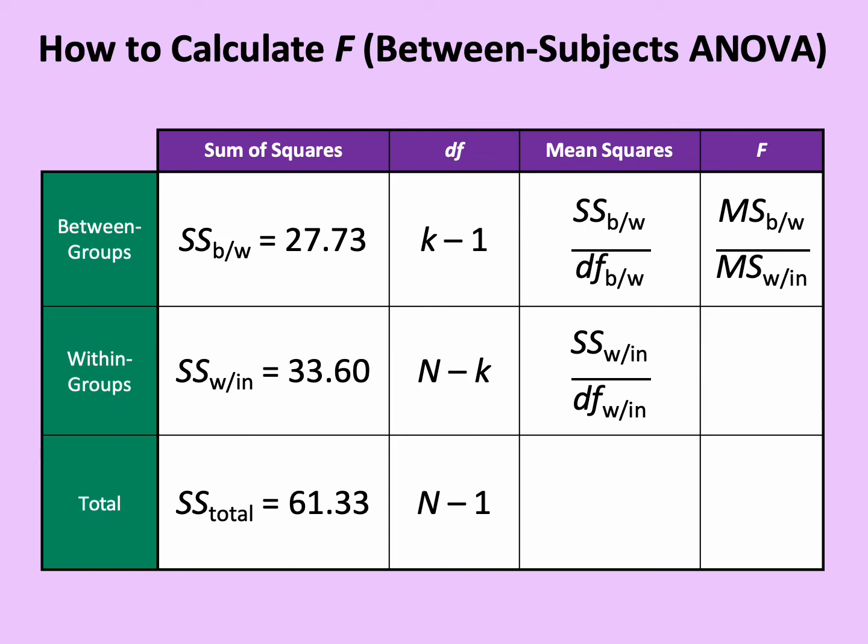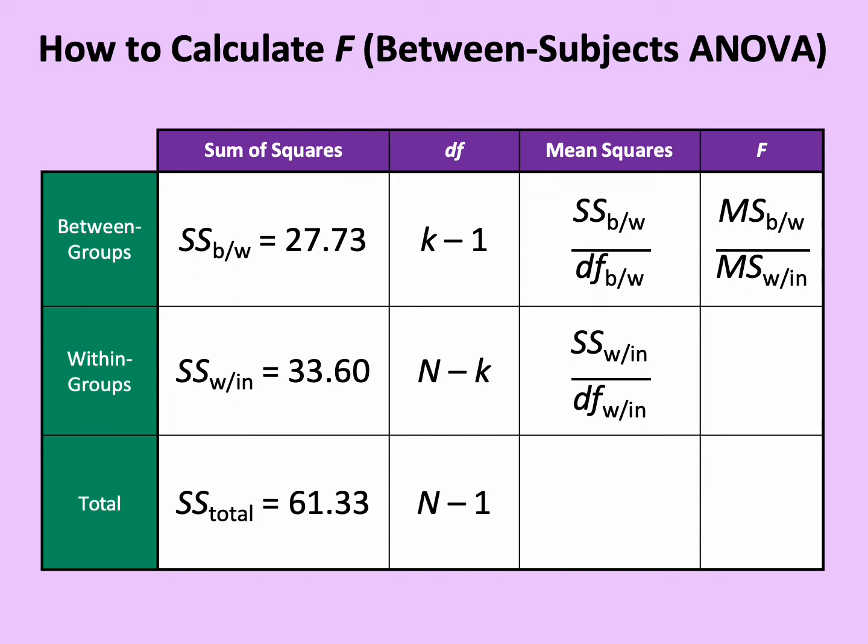This number is going to be really important when we report our F statistic, and also when we look for our critical value in the F table. Fortunately, it's a pretty easy calculation. For between groups, we're going to take our number of levels, or K, minus 1.